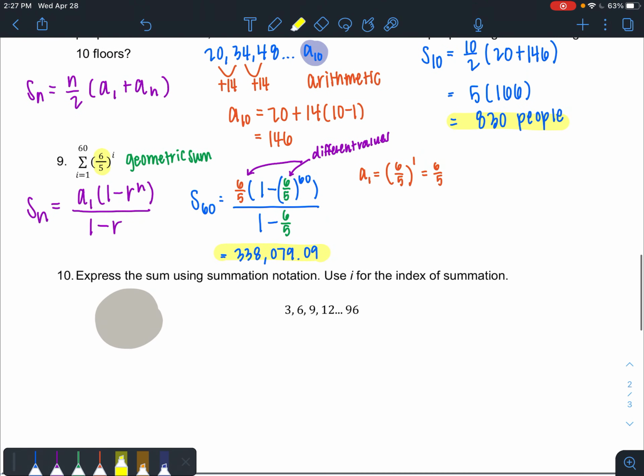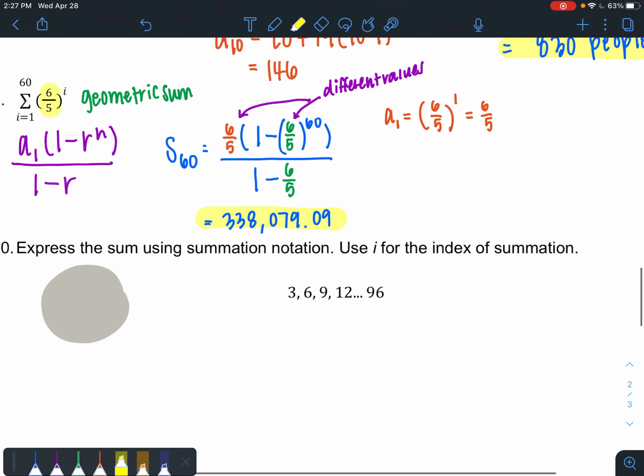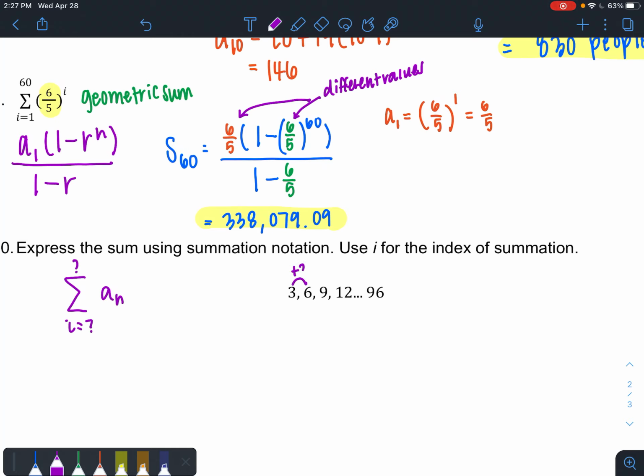All right, finally our last problem. Express the sum using summation notation. Use i for the index. Okay, so I need to use the sum notation. Here it is. Okay, so we can find a sub n because we are adding 3 each time.